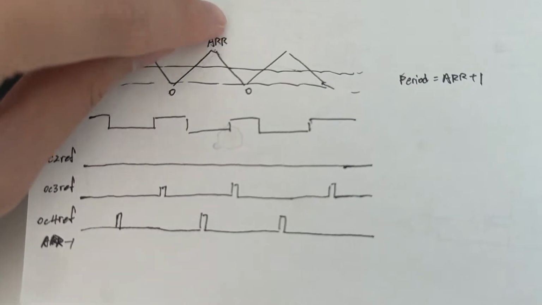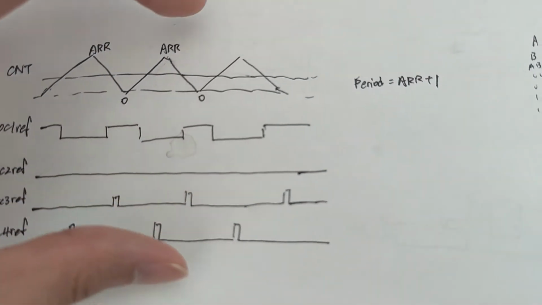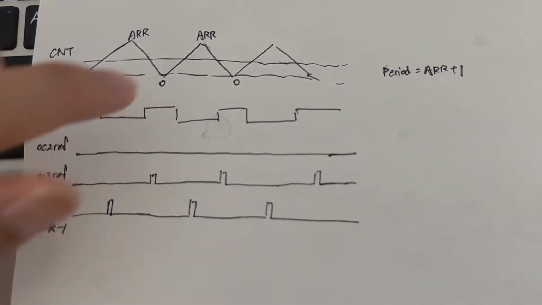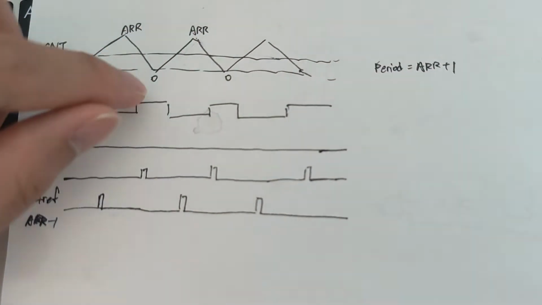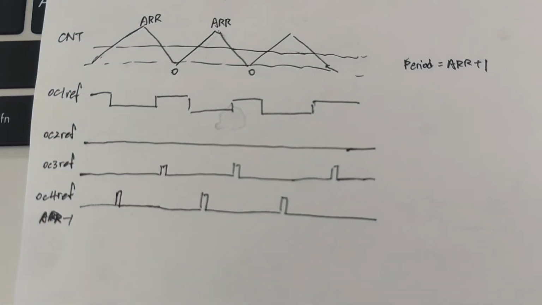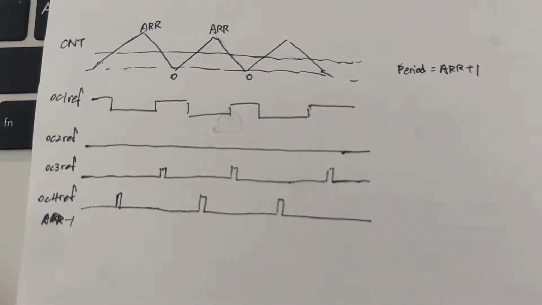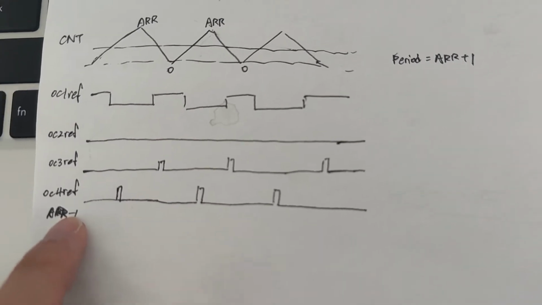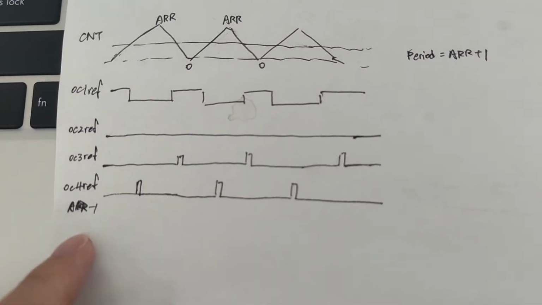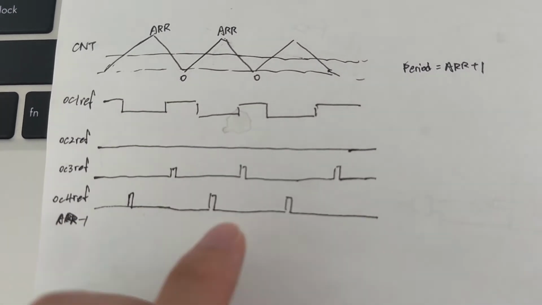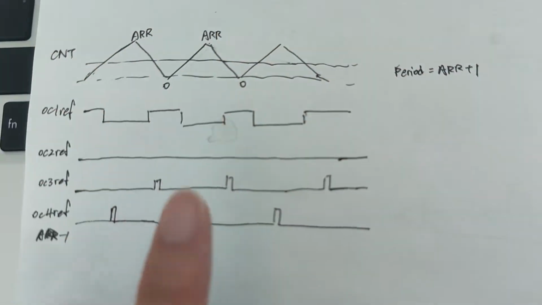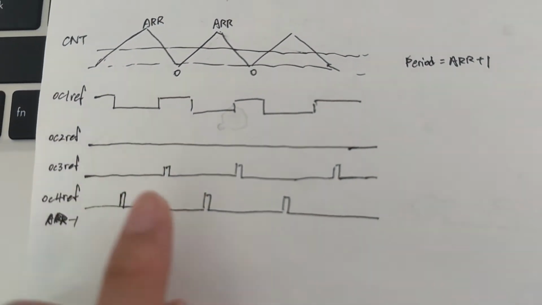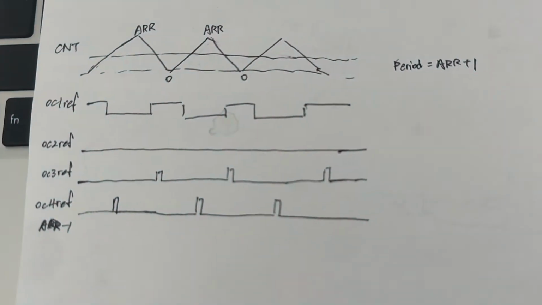And during the ARR, the top level, the 3 phases will be low. So we need to sample when the counter is at the ARR value, not the 0 value. That is inconvenient because then we need to set the trigger for the ADC to be ARR minus 1, to be able to generate a pulse here, instead of setting it to 0 and generating a pulse here.